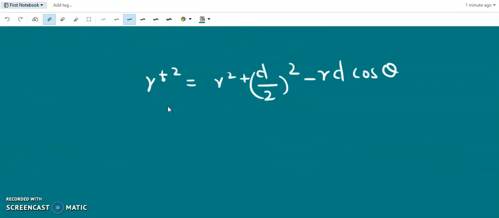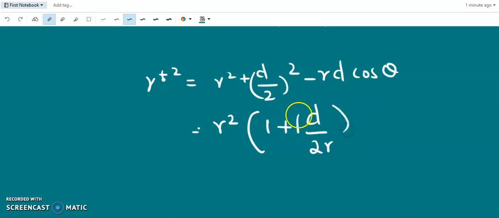For simplifying, we can take r square outside as a common factor. So r plus square is equal to r square times 1 plus d by 2r whole square minus d by r cos theta, as r and r cancel.